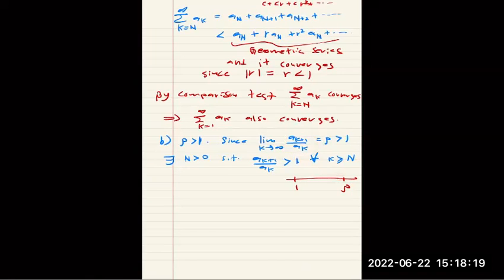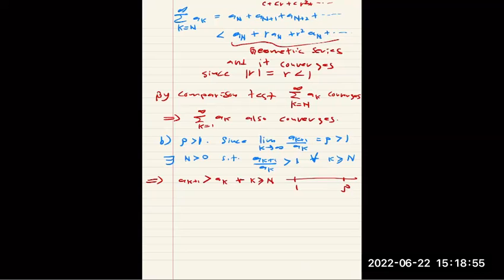That means after some large n, all the values of the sequence should be bigger than 1, right? That's by the definition of the convergence of a sequence. So that means this statement is true. So this implies a_{k+1} is bigger than a_k for all k greater than or equal to n.